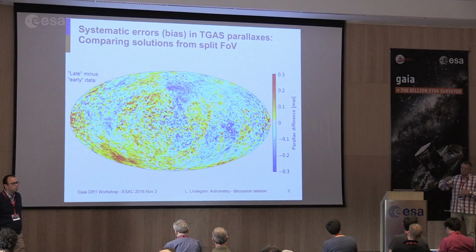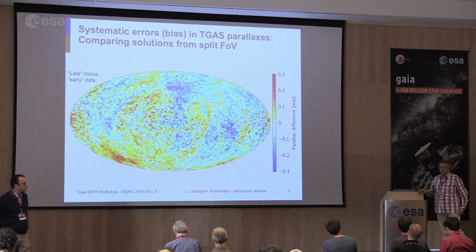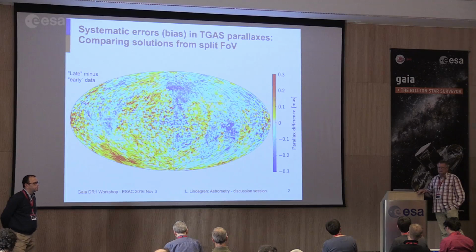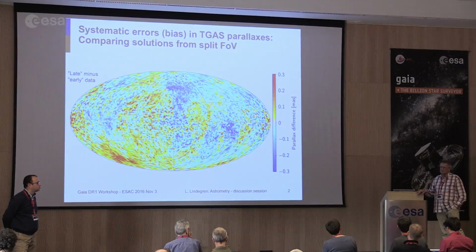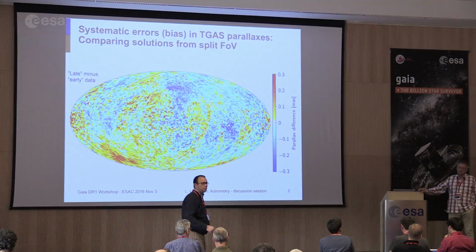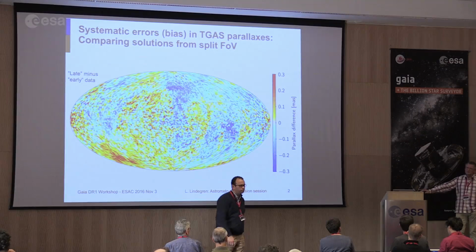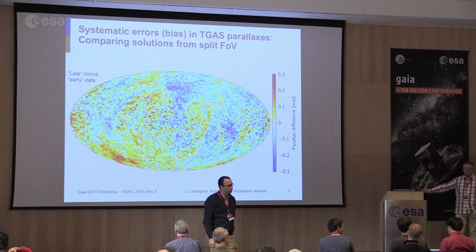But where we are in between, that is very difficult to say. I would not like to give a recipe for how to compute the uncertainty of a mean parallax in general. That would require a much deeper analysis than just applying some rule of thumb formula.